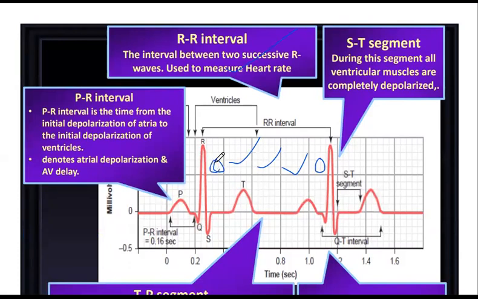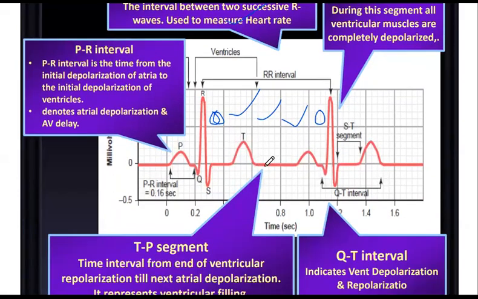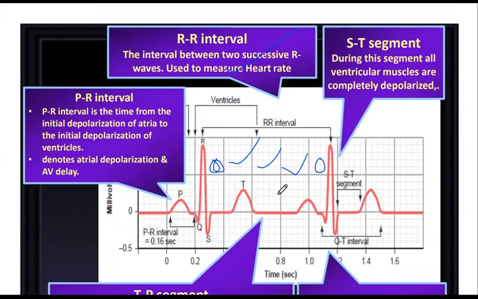We have to calculate these boxes: how much time the PR interval is taking, how much time the QT interval is taking, and how much time the RR interval is taking. This is very important because these boxes and waves will give the exact value. With that value only, you will be able to understand what type of heart condition is there.